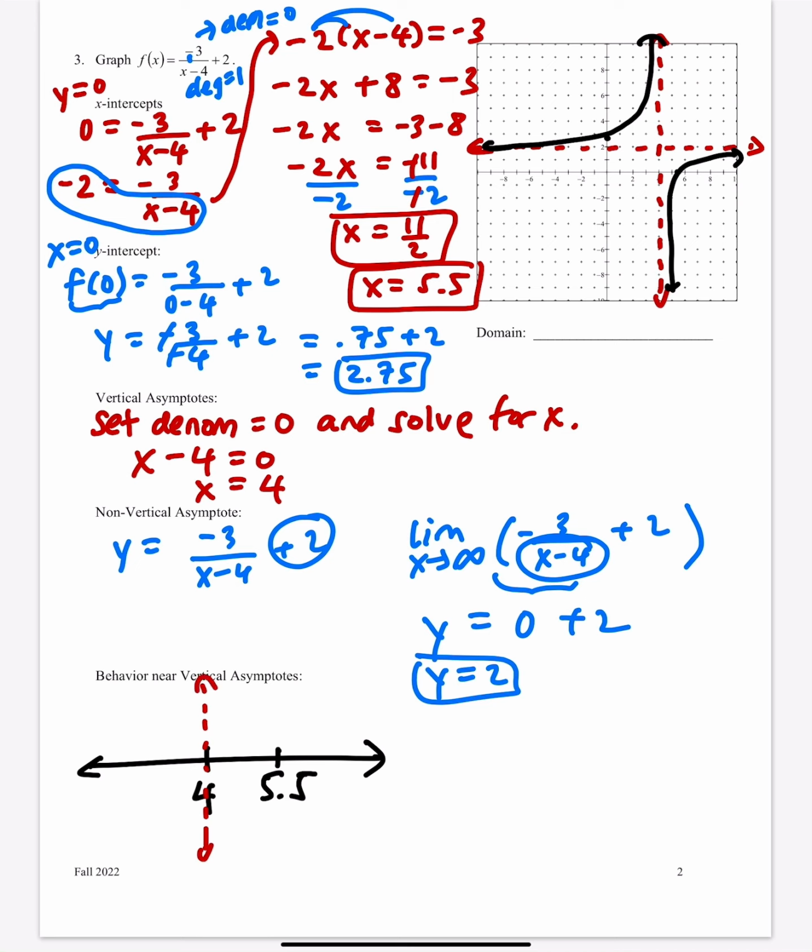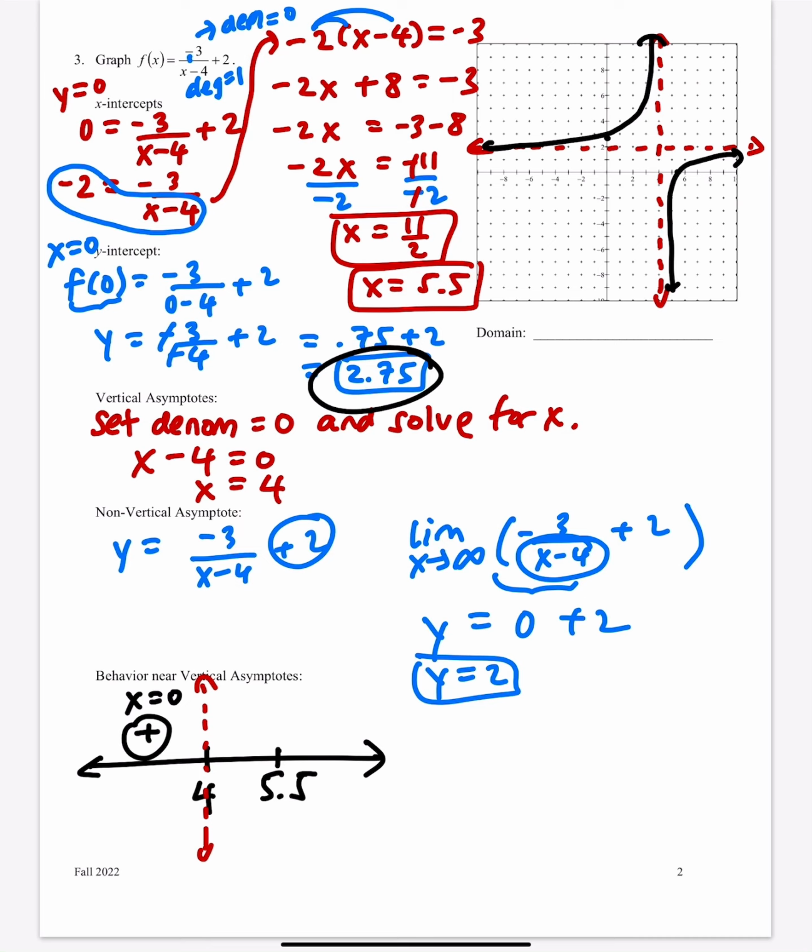So really we only need to make a sign chart to the right of 4 and to the left of 4. In fact, if we want to plug in a number like 0, which we did, right? When we plug in 0, we got a positive number, like 2.75. And that is a positive number, right? So this is going to be positive.